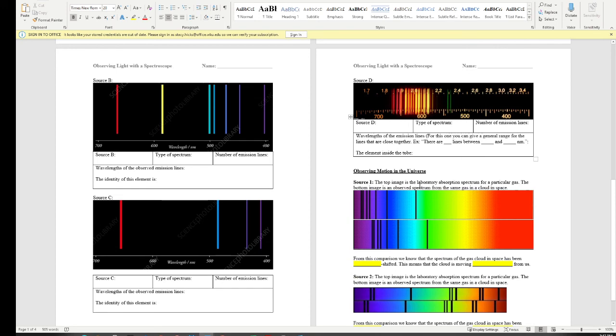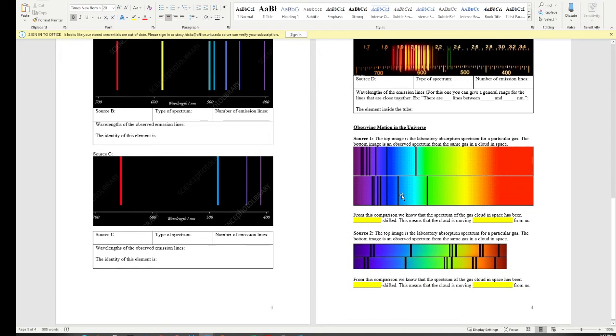In the third part, you're going to be looking at spectra that have been shifted, right? So these absorption spectra, top and bottom, are spectra for the same gas, right? So in the chapter, you should have read about something called redshift and blue shift, okay?